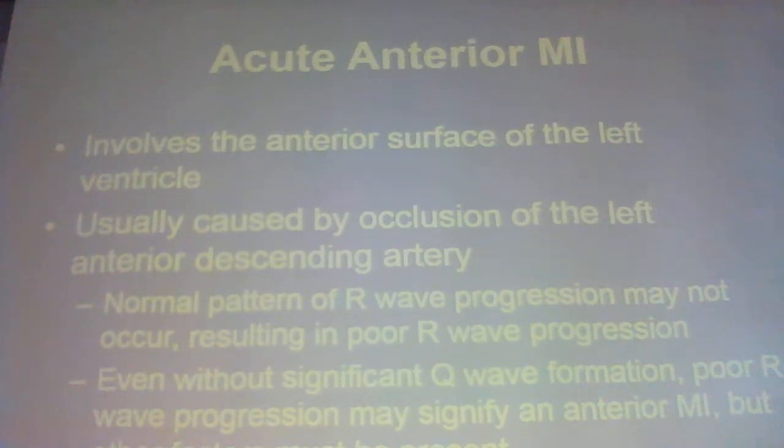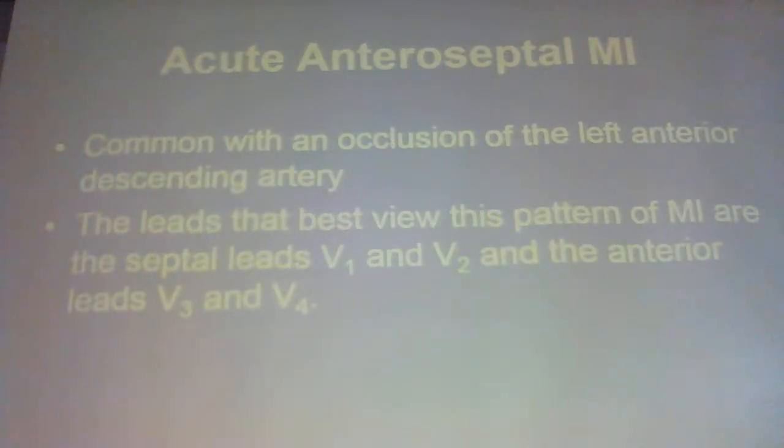LAD, left anterior descending. Anterior septal, which artery? LAD. Where am I going to see an anterior septal? Septals V1 and 2, anteriors V3 and 4. So it's going to be either 1, 2, 3, and 4, or maybe 2 and 3. Right? Because they're numerically sequential V leads.